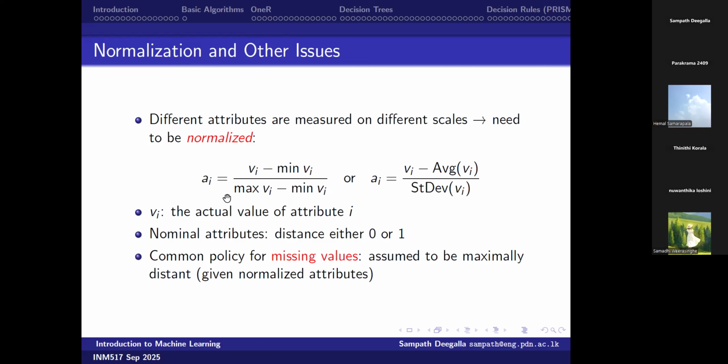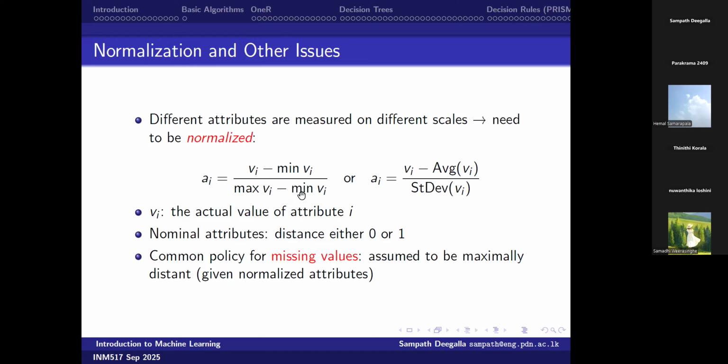For attribute A1, you take the value, subtract the minimum value, and divide by the difference, max minus min.